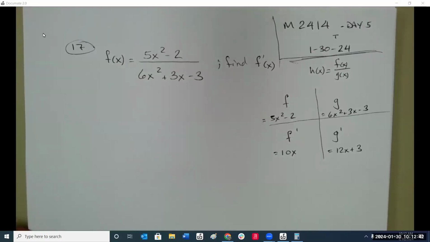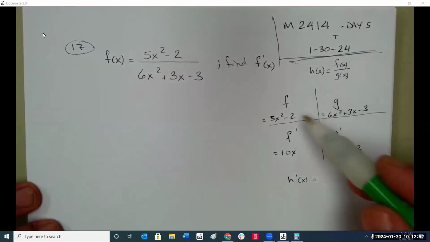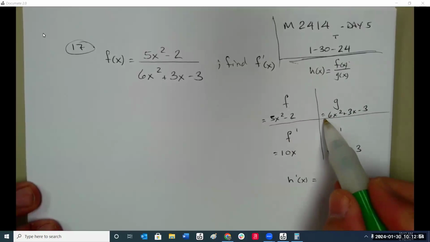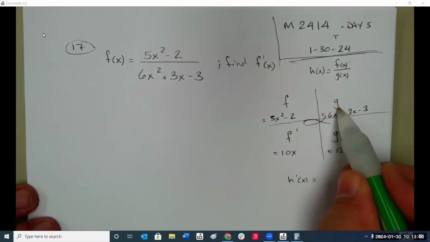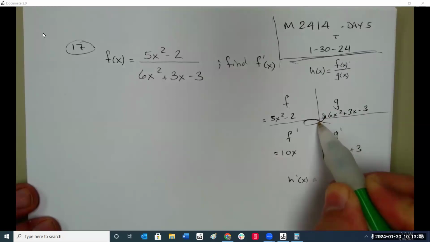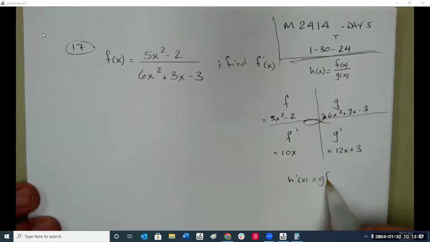Everybody catch up. And we're looking for, instead of memorizing a formula, once you have the top, you have the bottom, f, g, f prime, g prime. I always teach my students, use the Fishy method. What this one says is g, so I start from here, g to f prime.